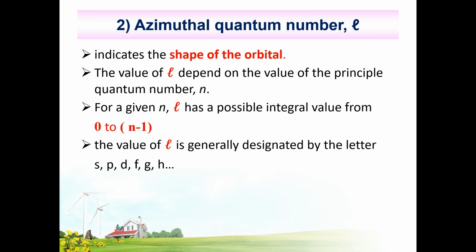We're going to learn the orbitals of the l quantum number up until d, s, p, d. f, g, and h are at a different level.